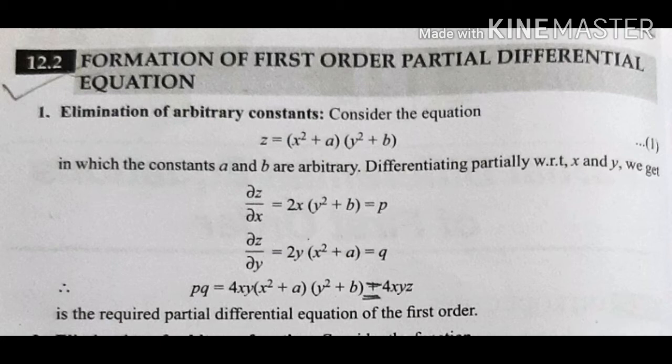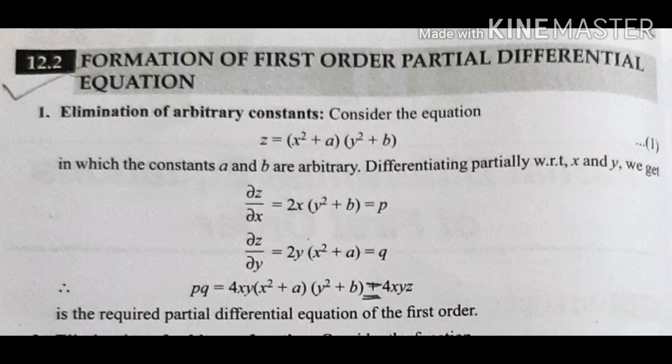For this, we differentiate the given equation partially with respect to x and y. We get del z by del x, that is the derivative of z with respect to x, treating y as constant. Here the equation is z is equal to x square plus a into y square plus b.